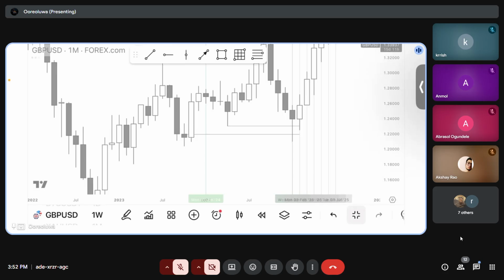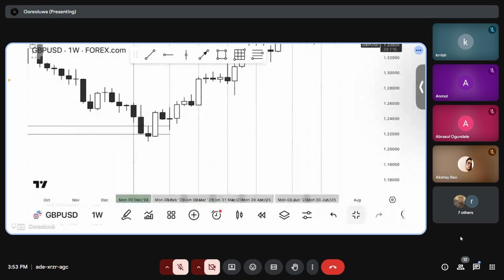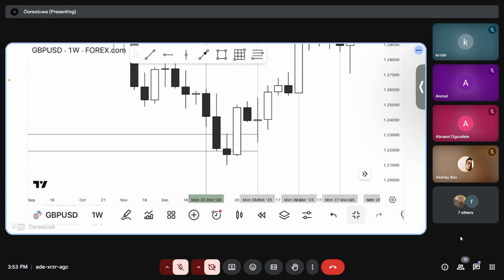So I hope you understand what I'm giving you, a head start. Price is fractal. So for the first month, we are already inside the key level. All right. So you expect a change in state of delivery at this point.